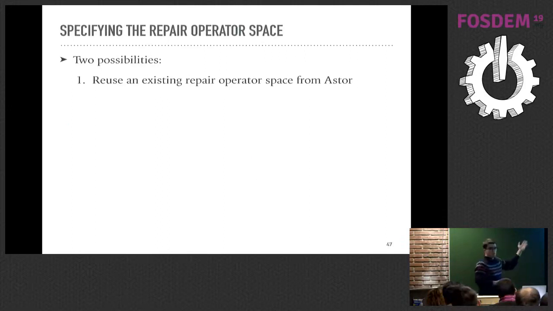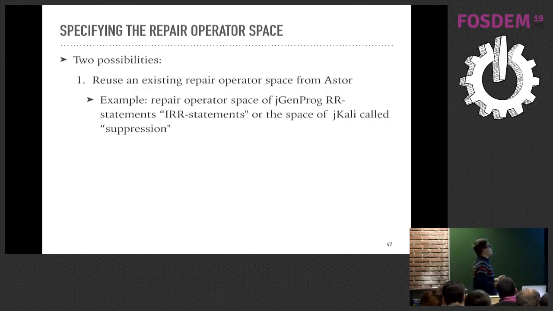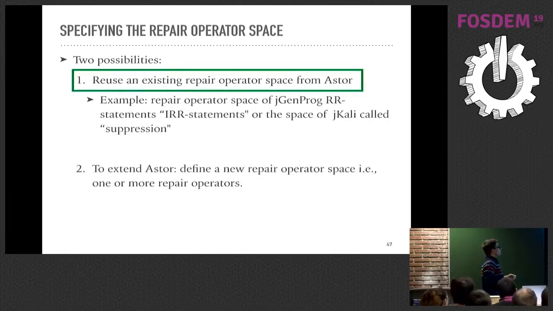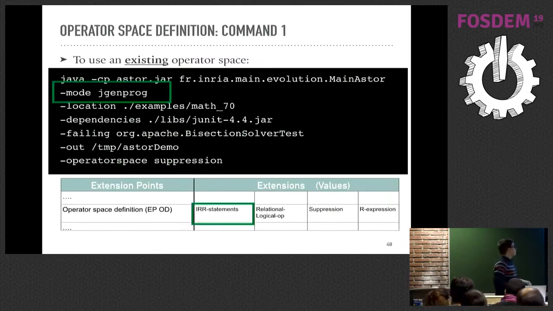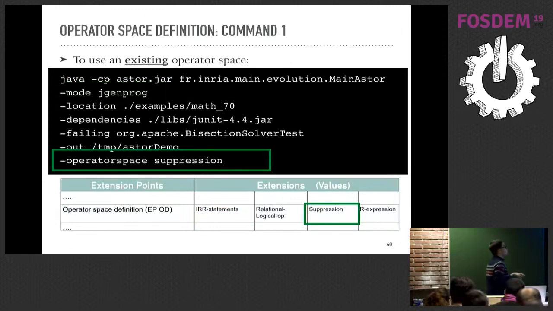We can reuse the operators that we have already implemented, or we can create new ones. So here also we have an argument that is operator space, where we can put the value of the operators. In this case, suppression means all the operators that remove code.